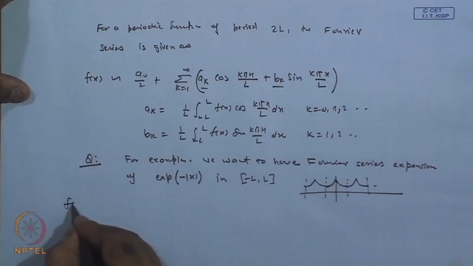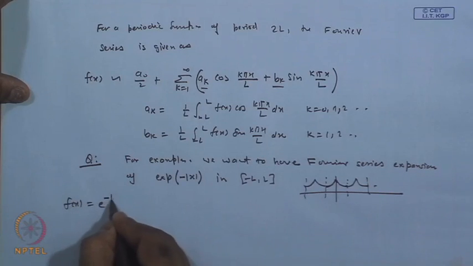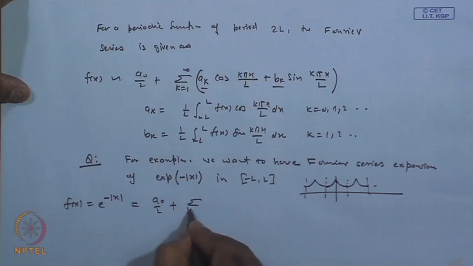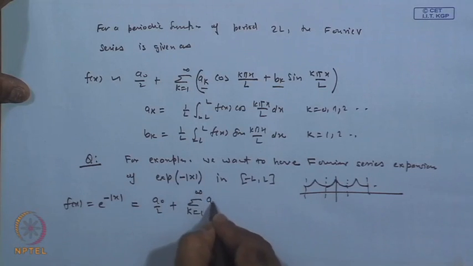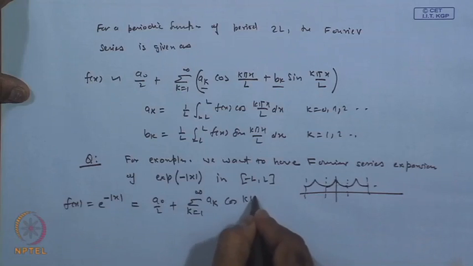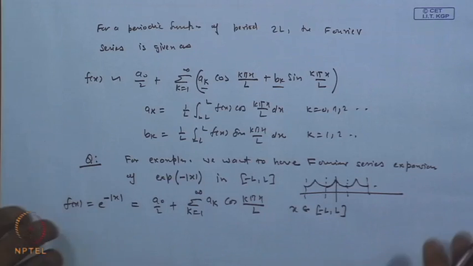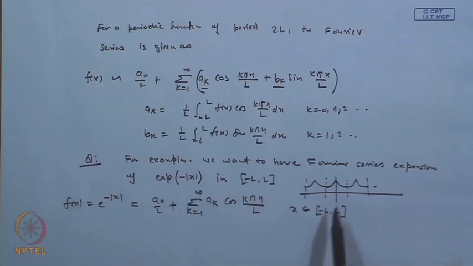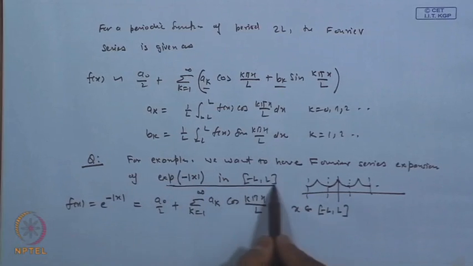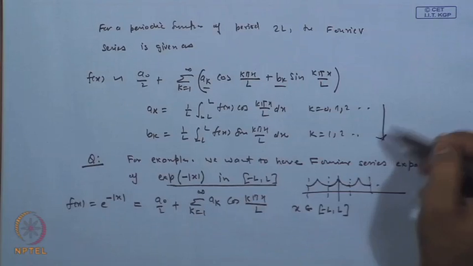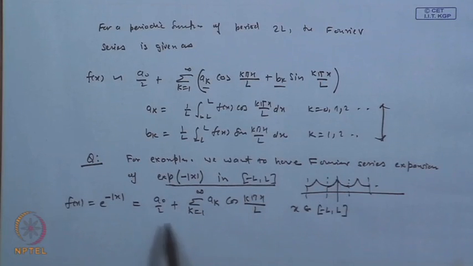In that case we will get this representation, a naught by 2 and the a k cos(k pi x over L) terms, and this will be valid for this function in minus L to L. This can represent this function in this interval. One can calculate this a k and b k with the help of these given integrals.